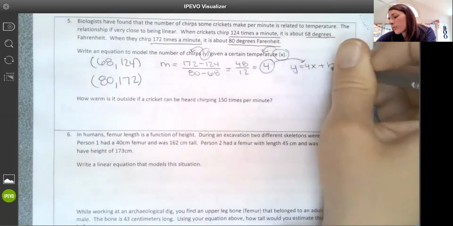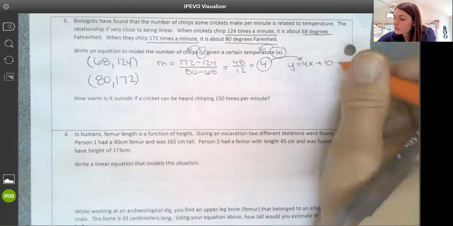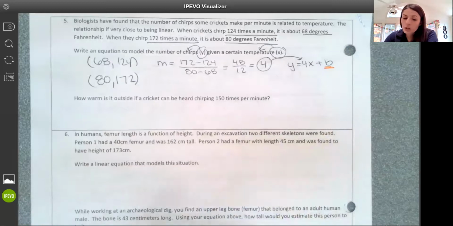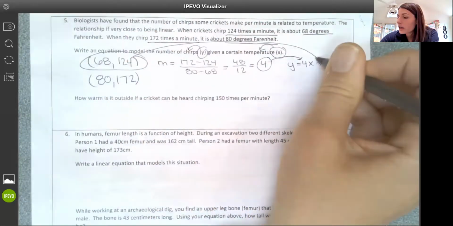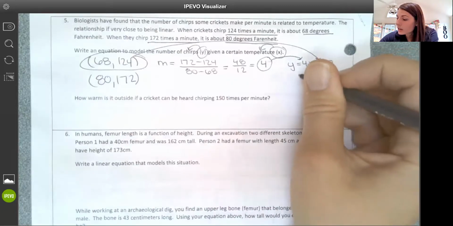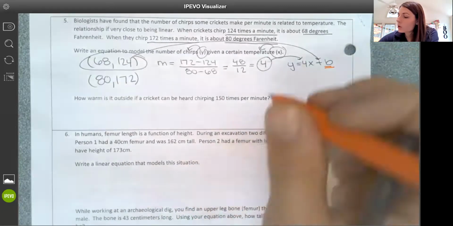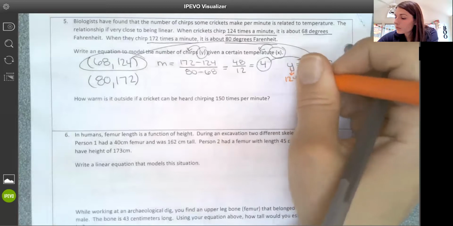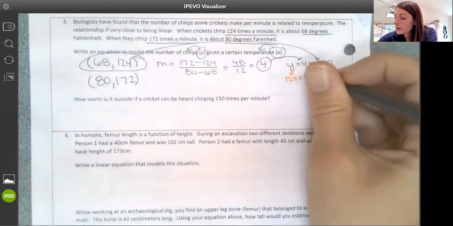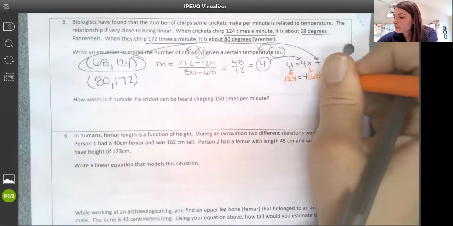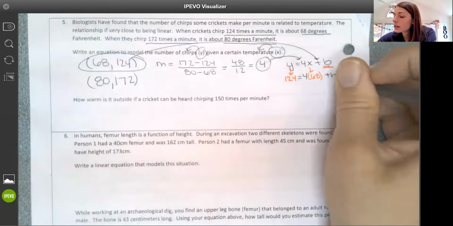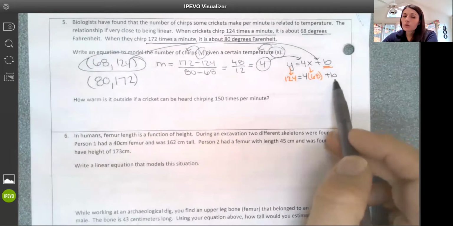I know my slope, but what I don't know is B. So I'm going to use one of my points. I'll choose 68 and 124, and I'm going to plug in 124 for Y and 68 for X, and I'll solve for my missing B value here.